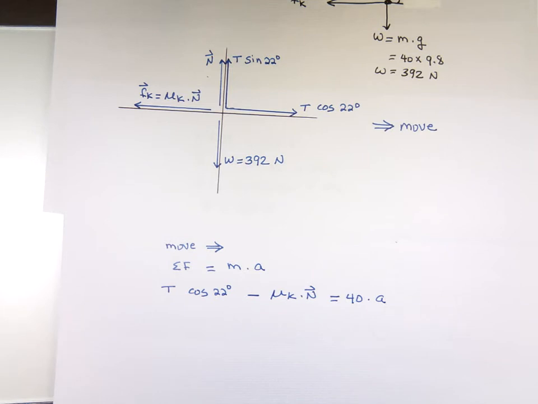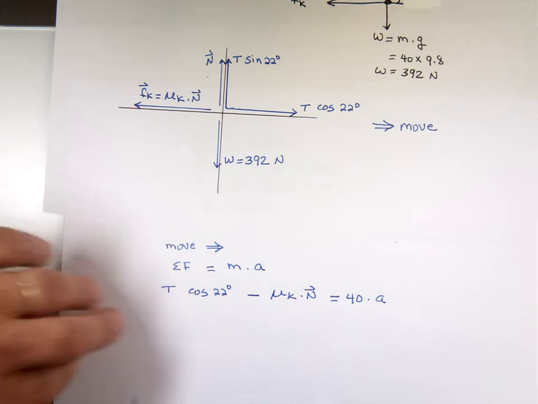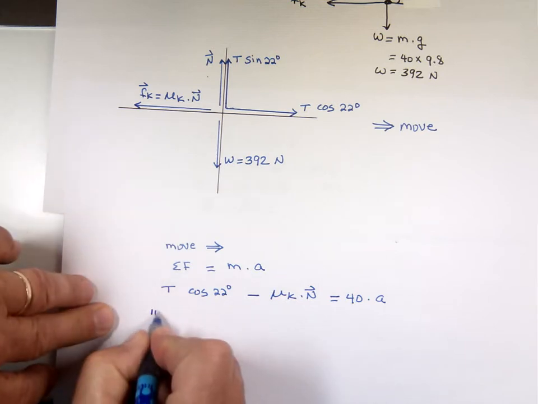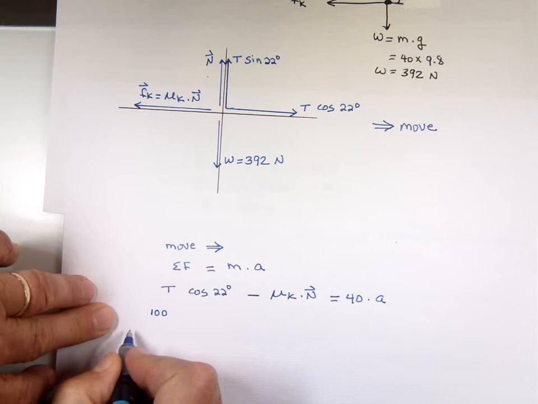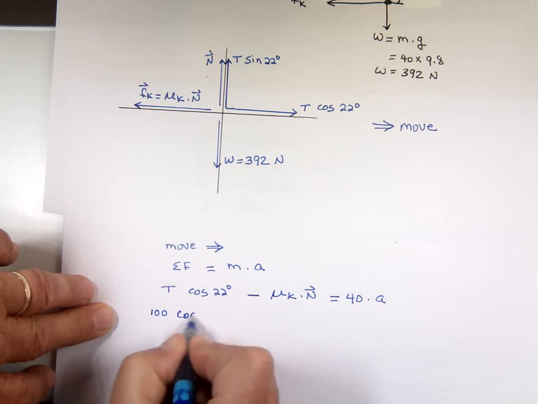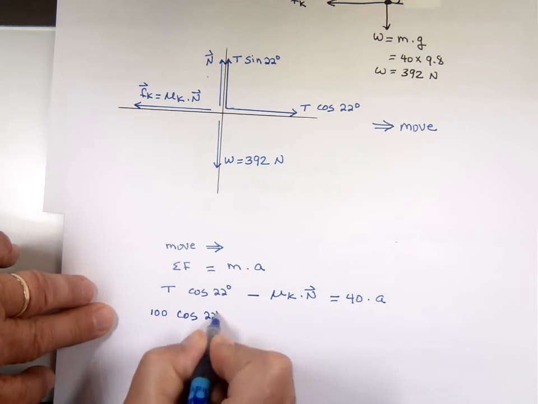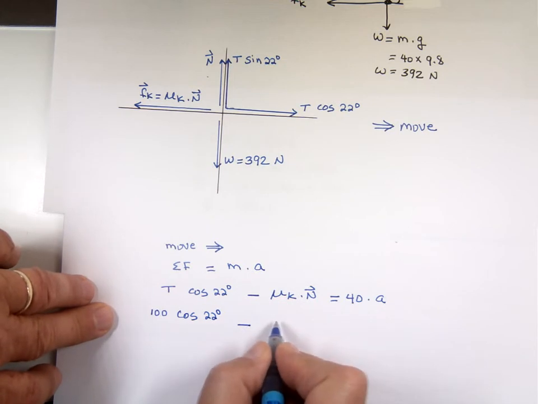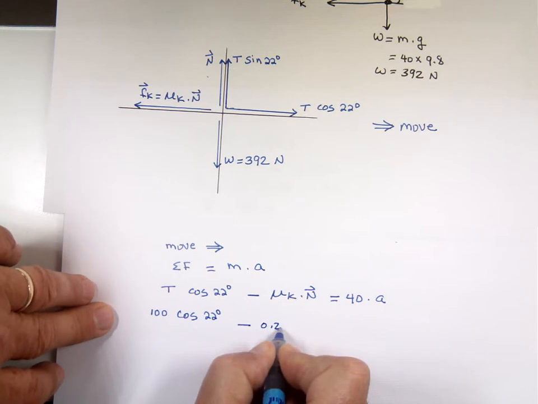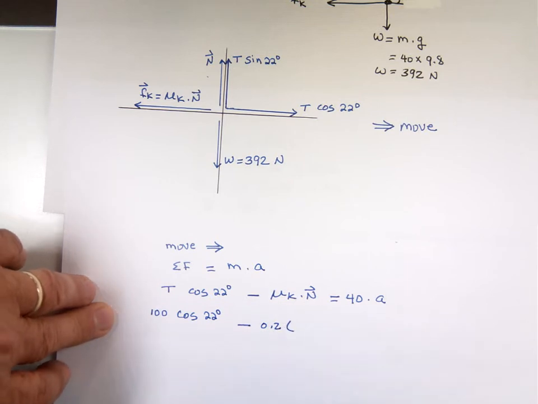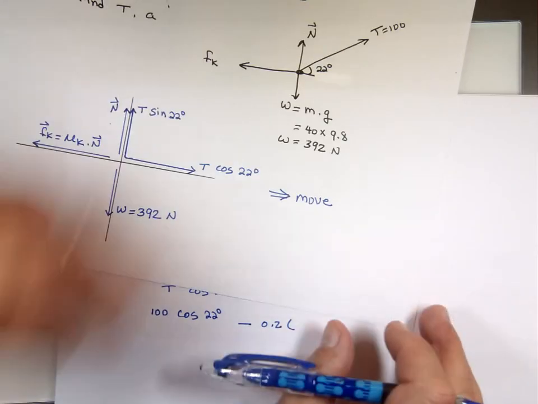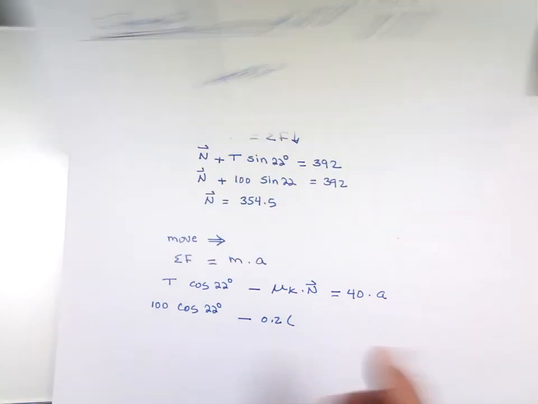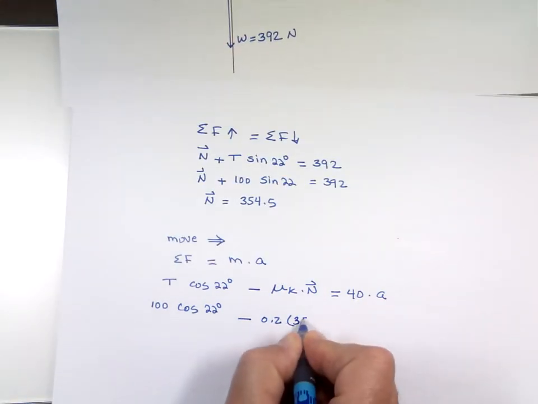T is what? 100 cosine 22 minus mu k, which is what? 0.2 times the normal force. We just finished calculating. What was the normal force? 354.5 equals 40A.